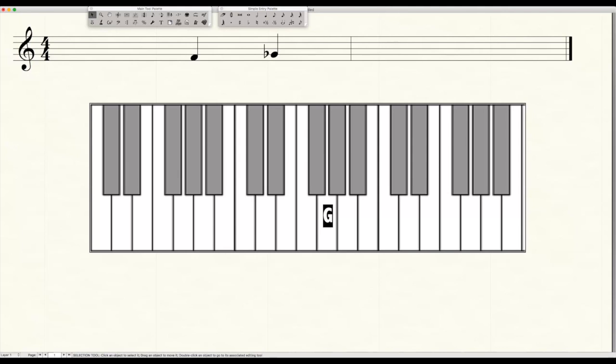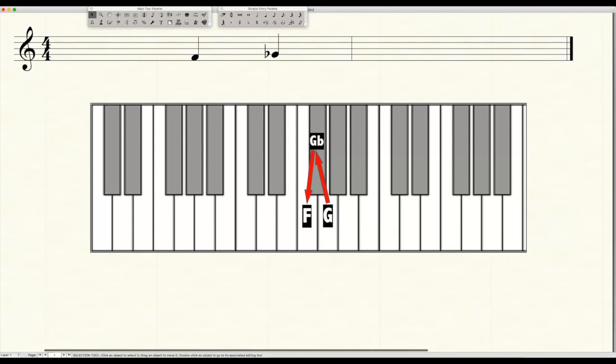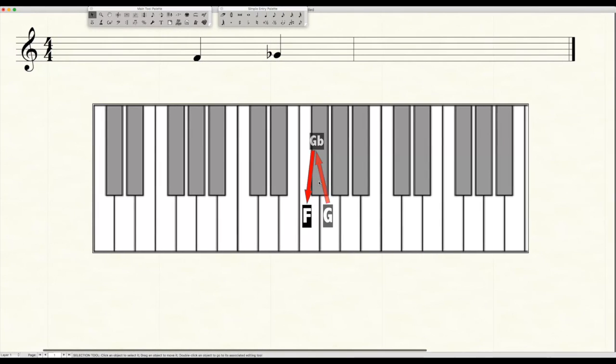This is G, and I went from G down to G flat. And now I shrunk the interval in the opposite direction. So G flat to F is a half step. It's a minor second. F going the other way, F to G flat is a half step. It's a minor second. So yes, this note is F sharp and G flat.